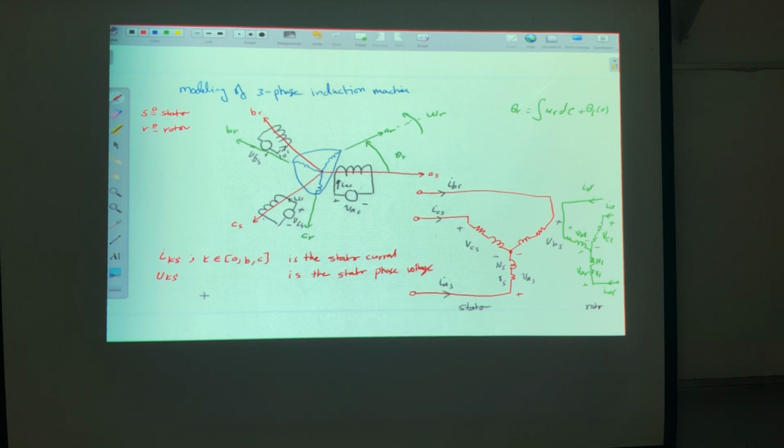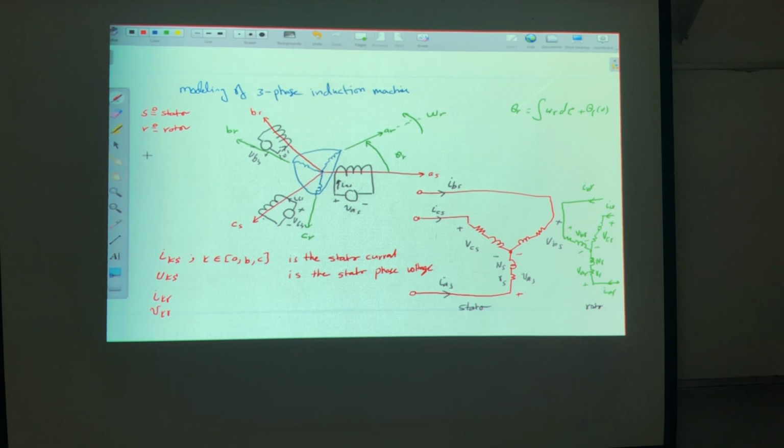Now the same thing, I can say that IKR will be what? And VKR will be what? So instead of writing, let's say, 3 equations, I can write a single equation.